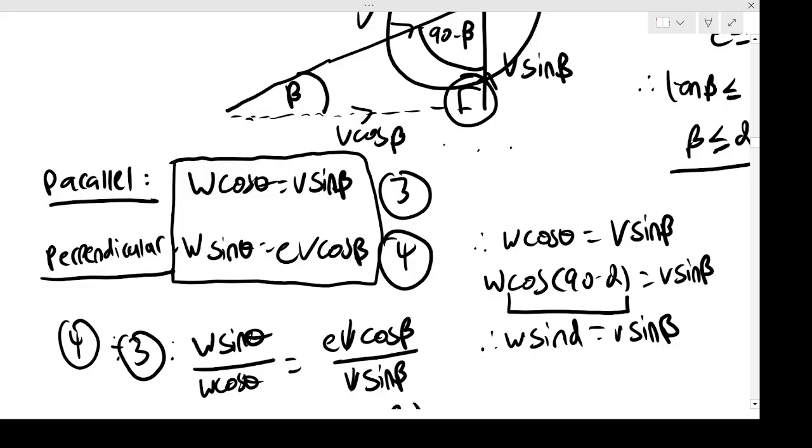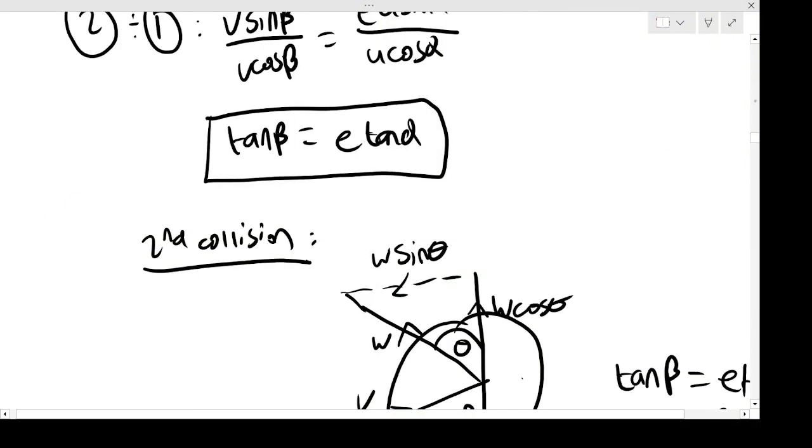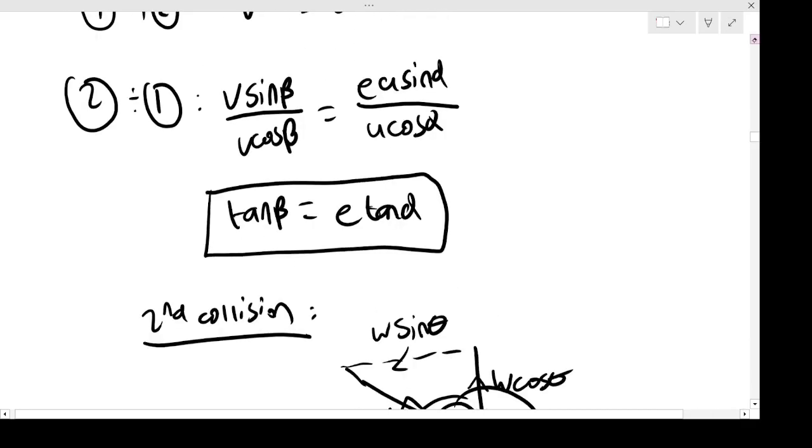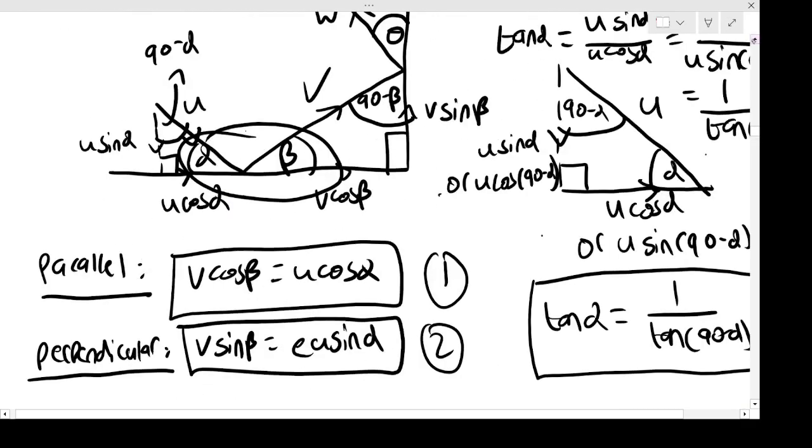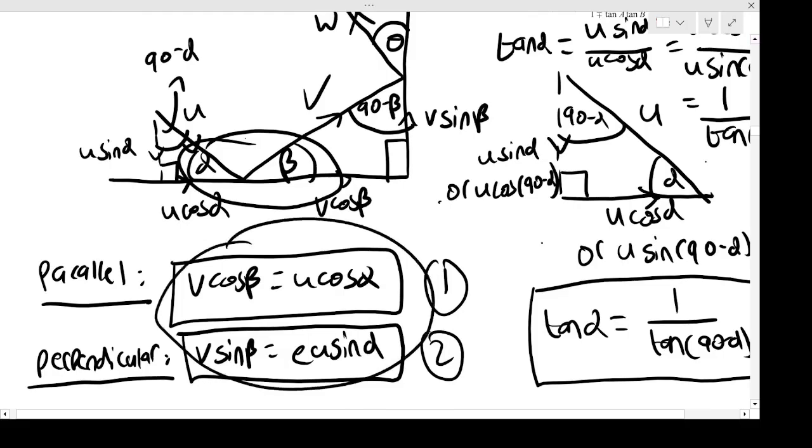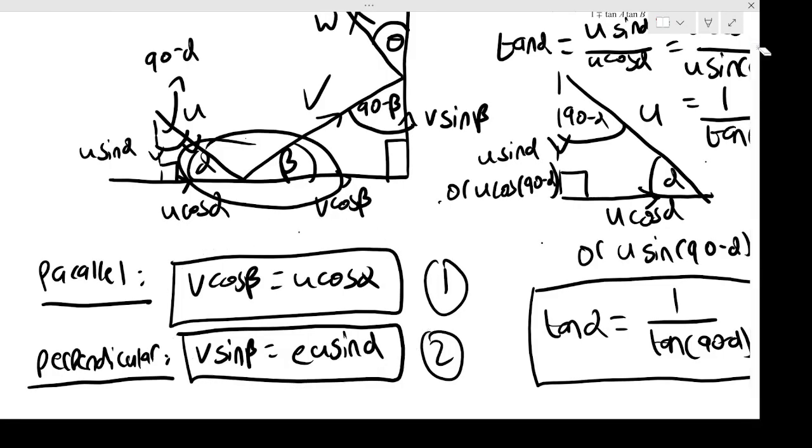Now, where on earth can we go from here? Well, let's have a look at my first collision and my first set of equations. Here, these are my two equations initially. Hang on a minute, look at this. I have an expression for v sine beta here.